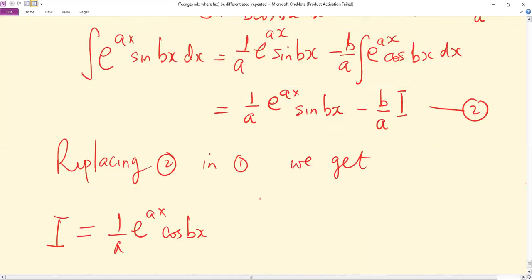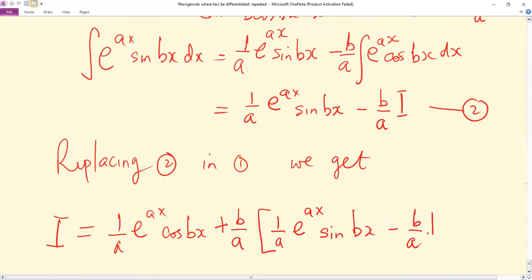So I have plus b over a times the second integral, which we have found to be 1 over a e raised power ax sine of bx minus b over a times I.